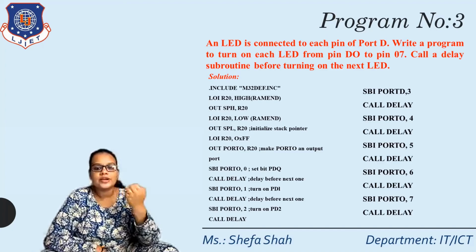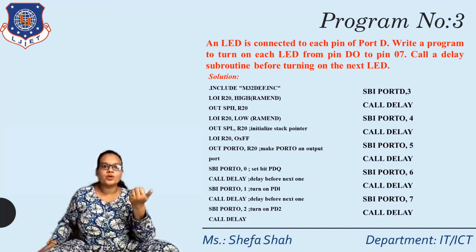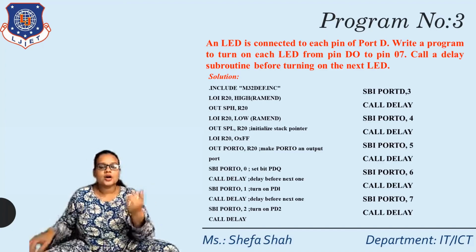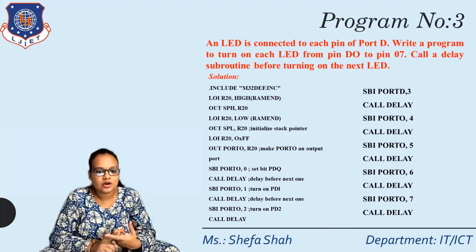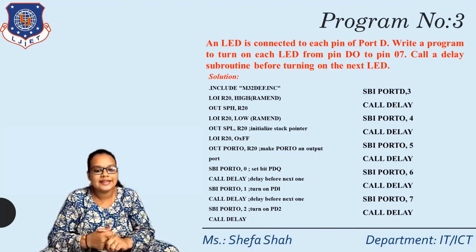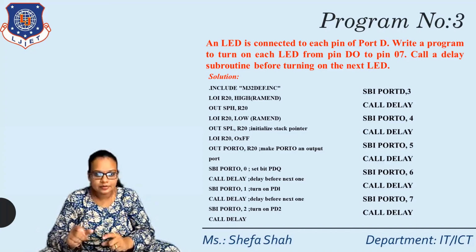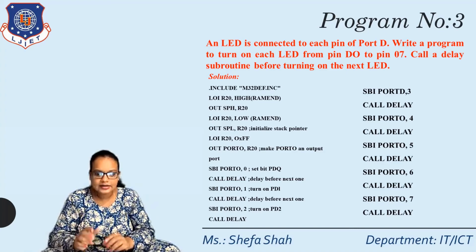So now what we need to do is make port D an output port. So again R20 is loaded with FF, and that will be sent to the DDRD register, right? Here in place of port 0 there should be port D, right? Just make sure it is a printing mistake.